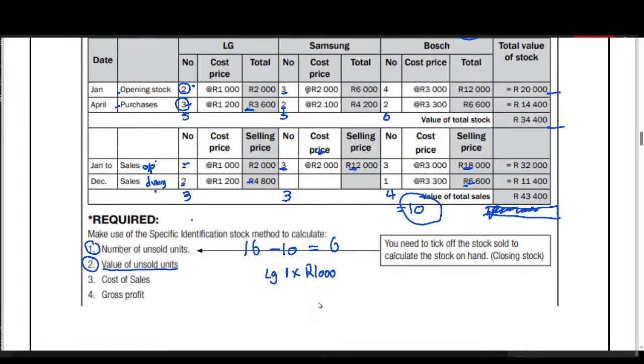Okay? Then we go to these three items. Did we sell these three items? No. We sold two of them. How many items are left now? We are left with one item. So how much did it cost us to buy this item that we did not sell? It cost us 1,200.